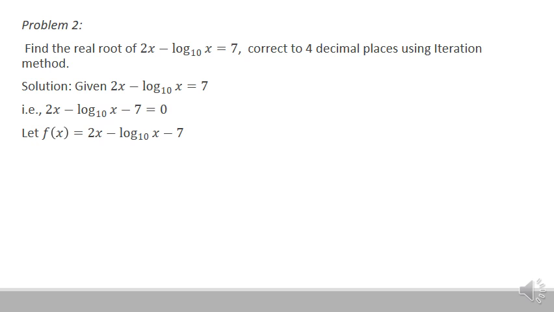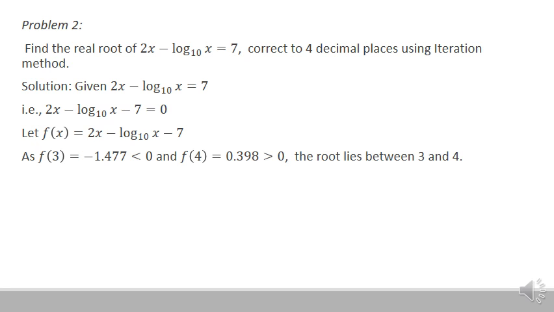F of x is written as 2x minus log x minus 7. In order to find the interval into which the root lies, we randomly substitute values for x. When we put x is equal to 0, 1, 2 and when we put it as 3, f of 3 is negative, f of 4 is positive. So, this means that the root lies between 3 and 4.